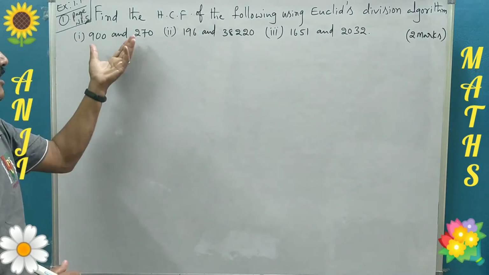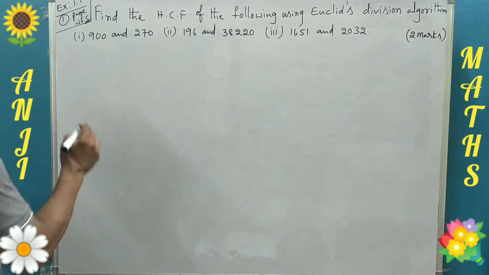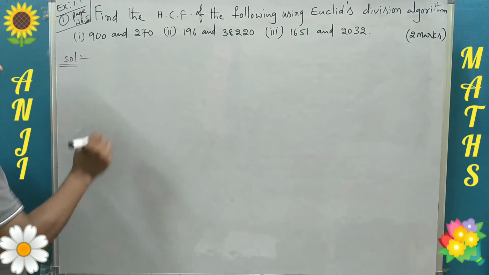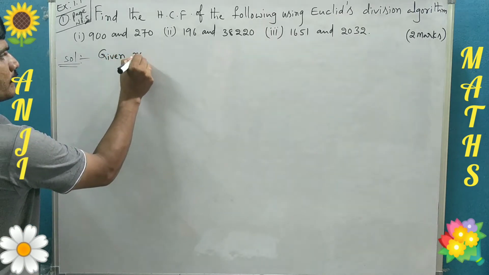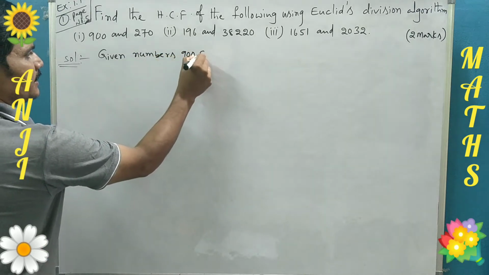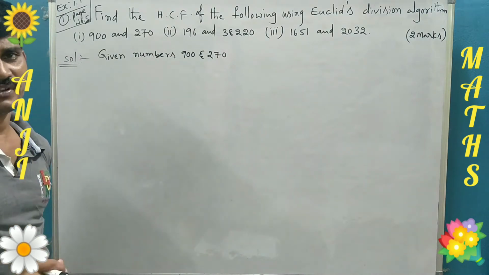So let us start with the first pair of numbers, 900 and 270. What is Euclid's division lemma first?